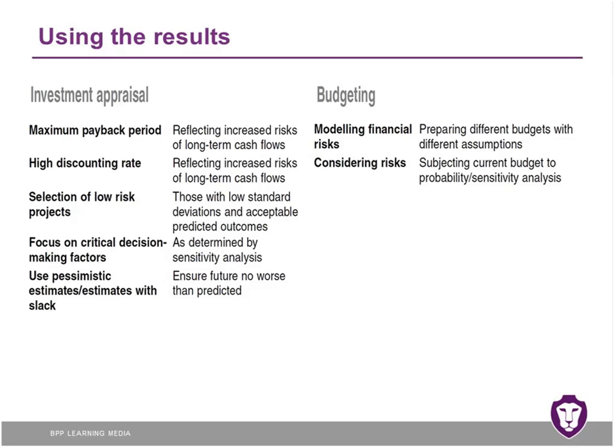The longer you have a payback period, the more risky it is, because obviously you're trying to predict something that's way out into the future. High discounting rate, obviously the more risk there is, the higher the discount rate, and so on.